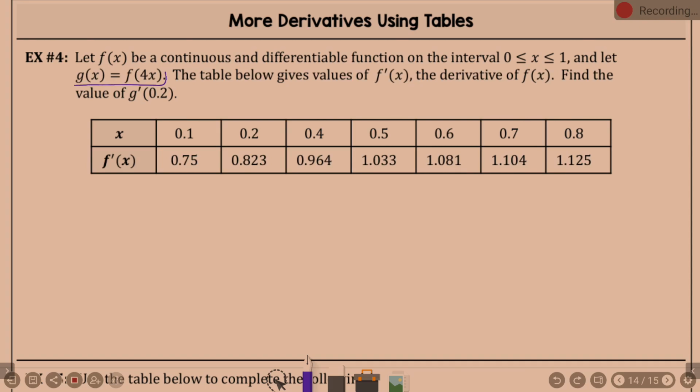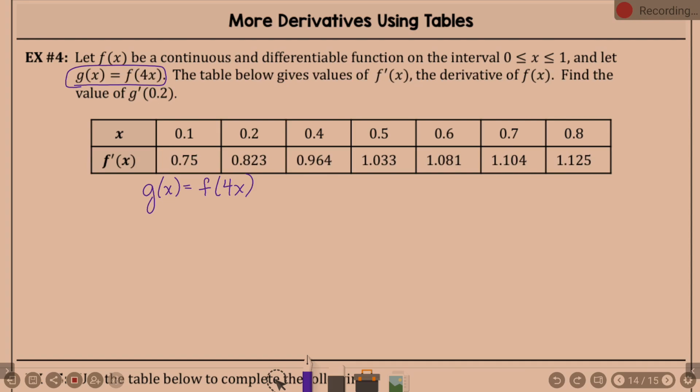Start with this: I don't want to plug in 2/10 yet. Hold off on the 2/10 and let's worry about g of x equal to f of 4x, correct? We're being asked to find g prime of something. So use this rule to find what the rule for g prime is, and then we'll go from there.